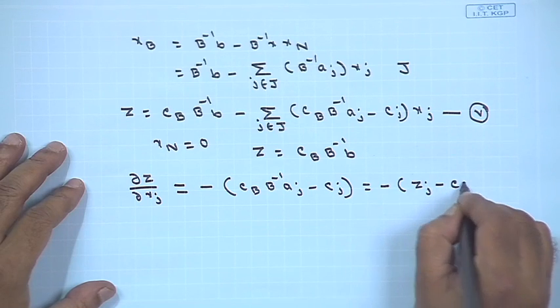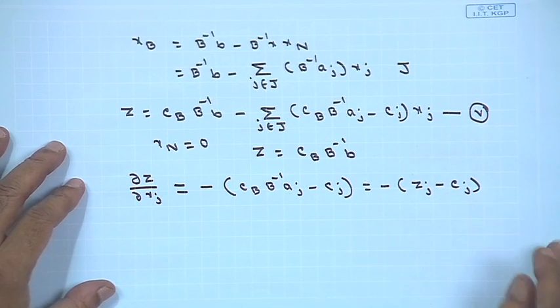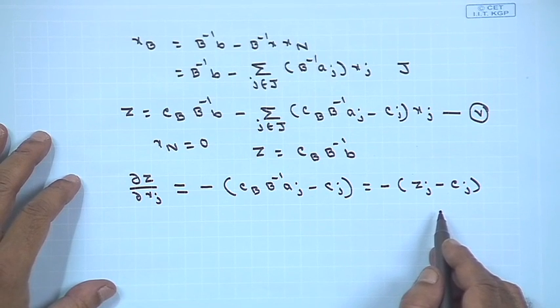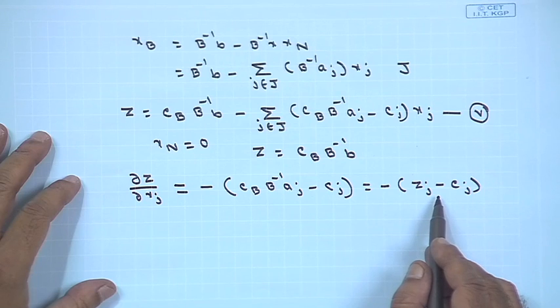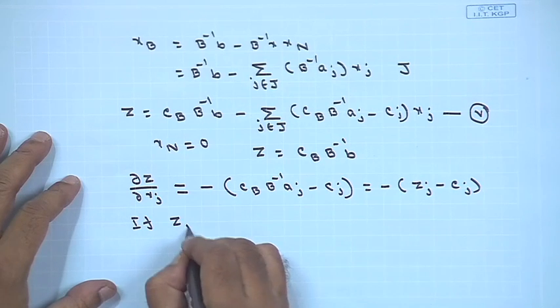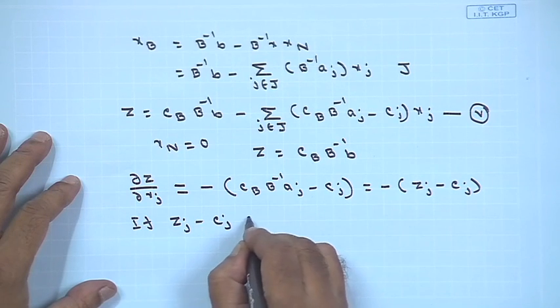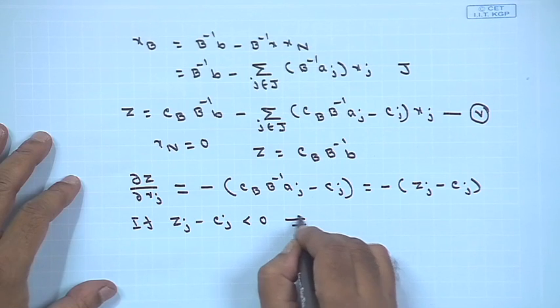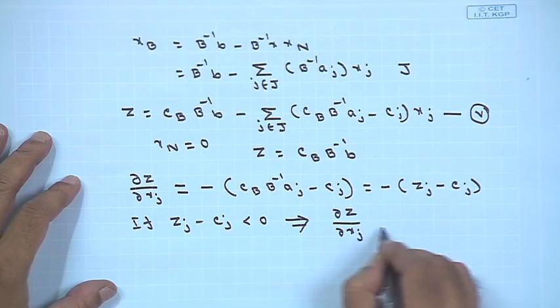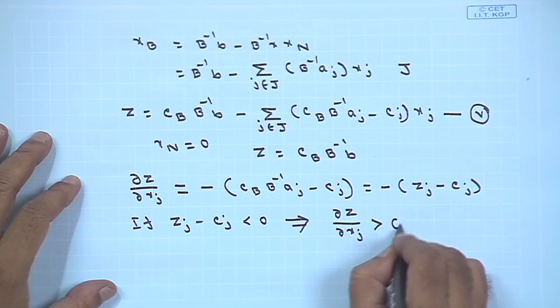So, this becomes Z_j minus C_j, where Z_j minus C_j represents the reduced cost value for the jth index. Now, if Z_j minus C_j is less than 0, this implies del z by del x_j is greater than 0.